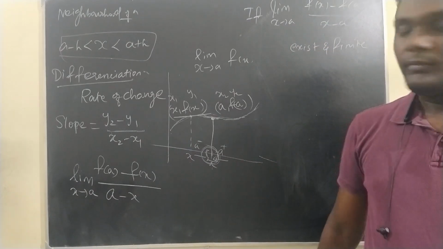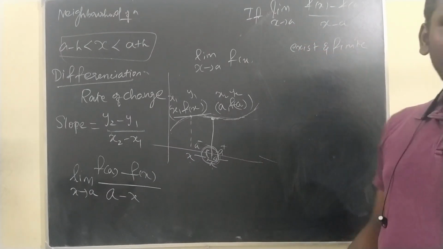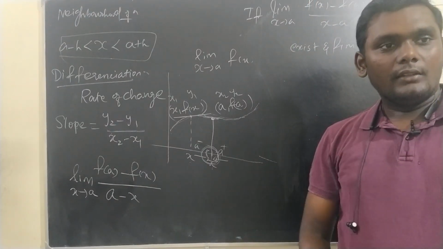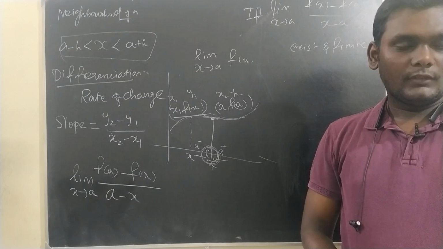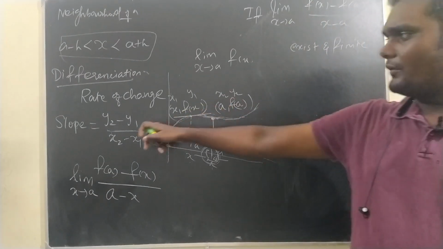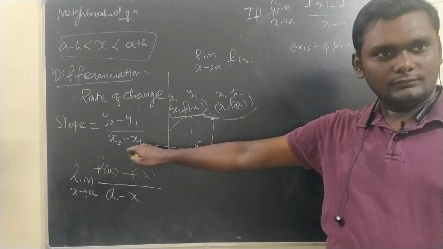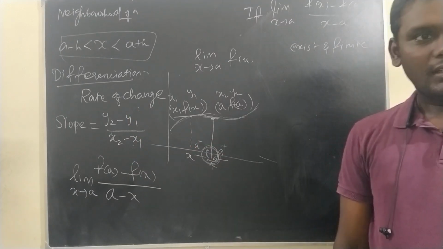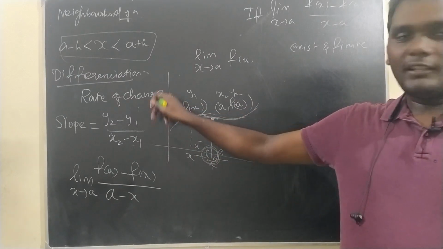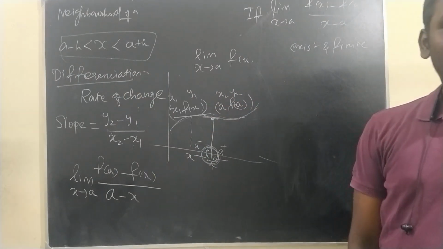Everything is interconnected. So when this limit exists and is finite, we say it is a differentiable function. What is this limit actually? The slope of a tangent.